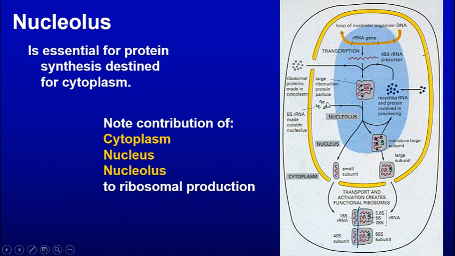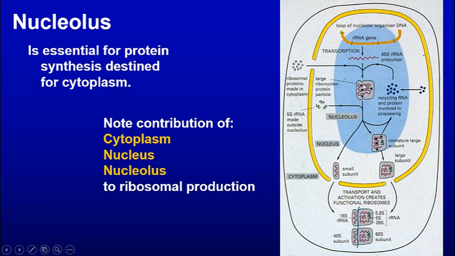So remember the contributions that are made by the cytoplasm. Proteins come in from the outside. In the nucleus, you have recycling of some of the proteins. You have some of the 5S components recycling in through there.